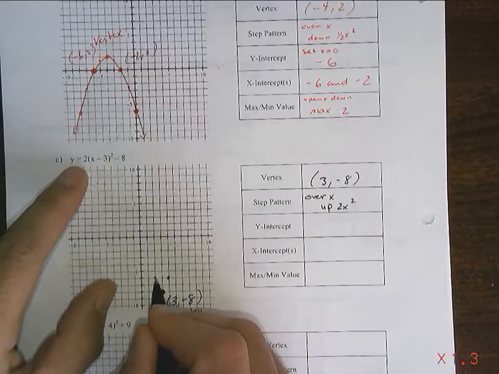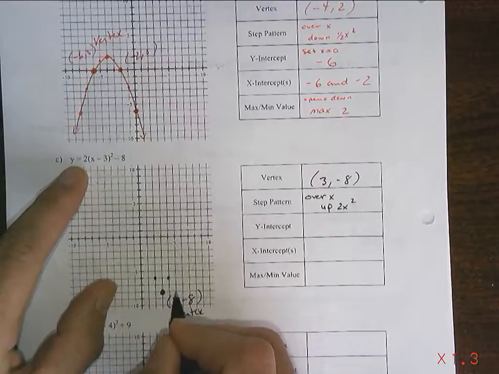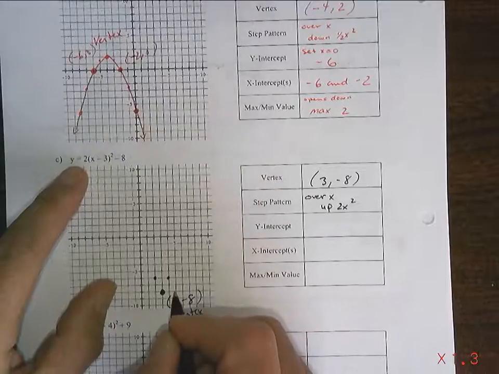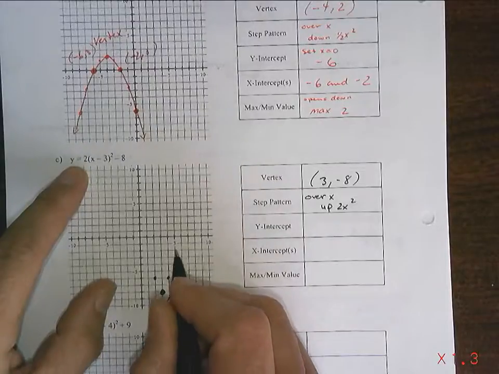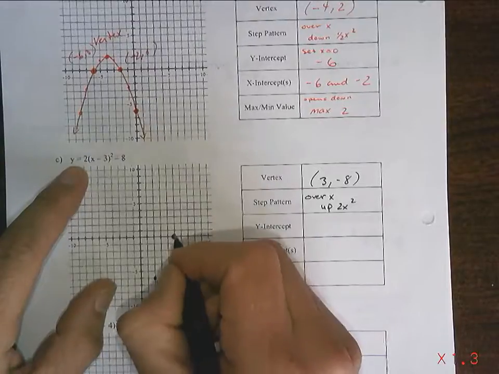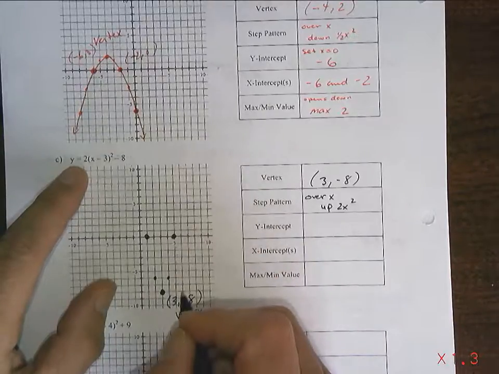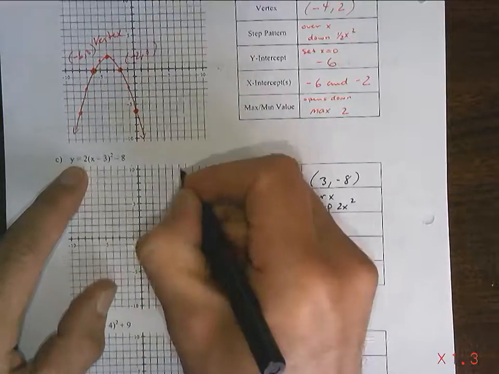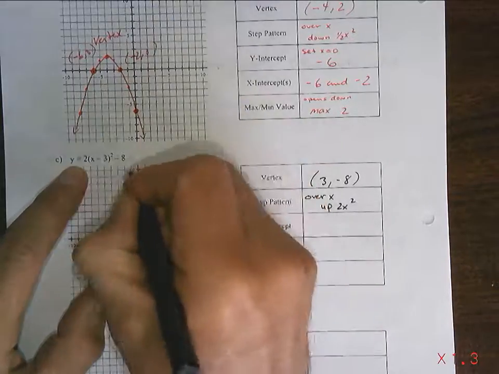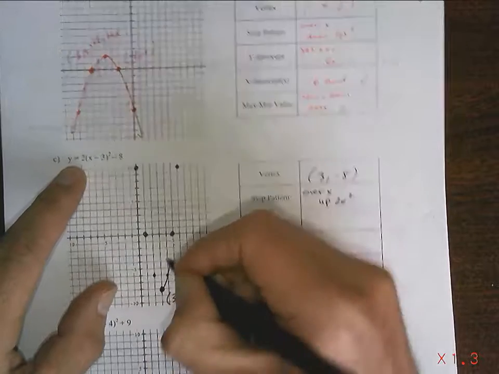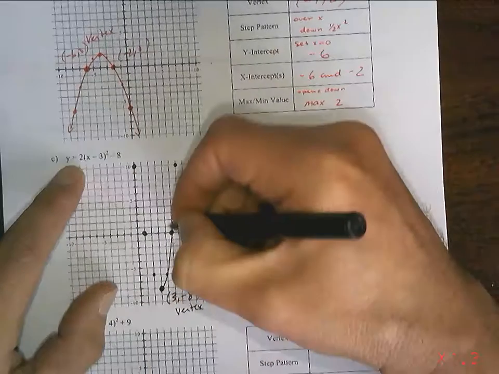Over 2, up 4 normally, but it's multiplied by 2, so it's up 8. Over 3, up 9 normally, but it's going to be 9 times 2 is 18. And we have the parabola.